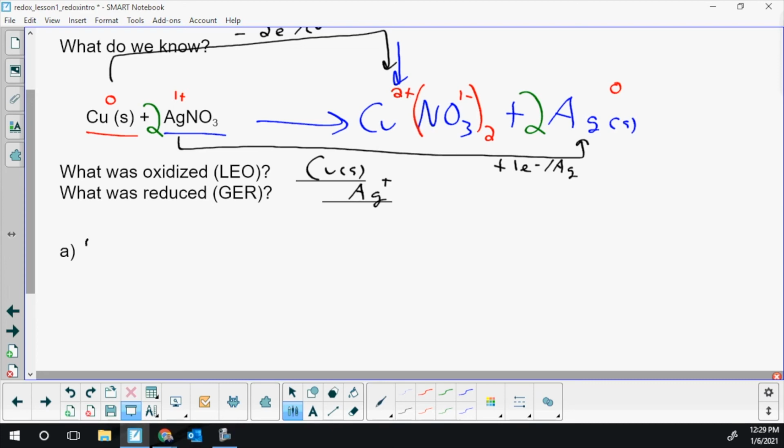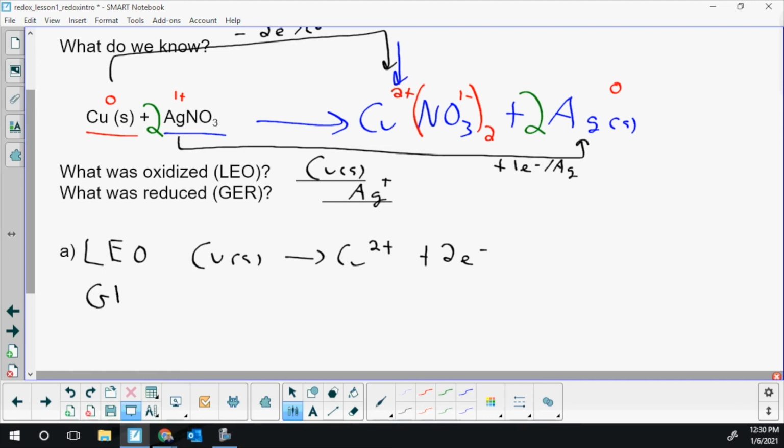So I'll start with the Leo. The oxidation always has the electrons as a product. We had solid copper becoming copper 2 plus, and there's a difference of 2 electrons there.